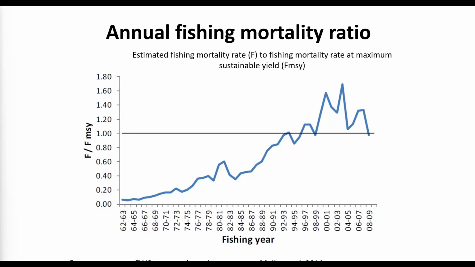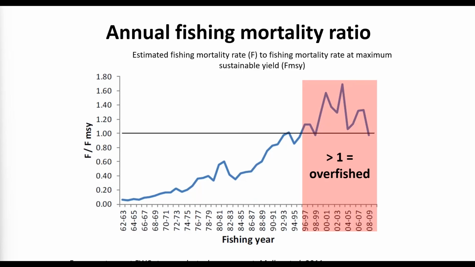So this plot is from the last stock assessment done by Florida Fish and Wildlife, and this goes all the way back to the 60s. And what I really want to show you is if you look at these years from 1996 on to 2009, this is a fishing mortality ratio calculated by the Florida Fish and Wildlife based on several different metrics that they measure.